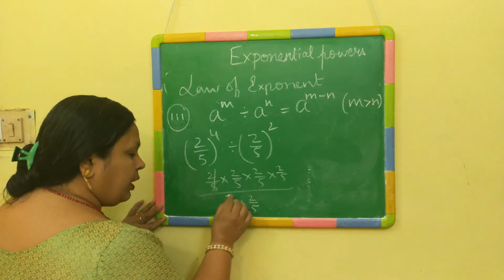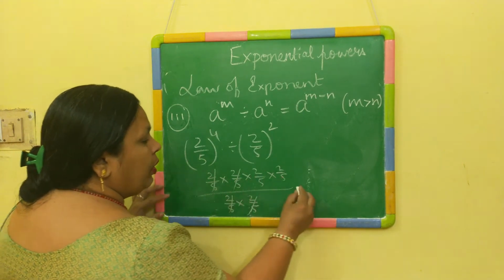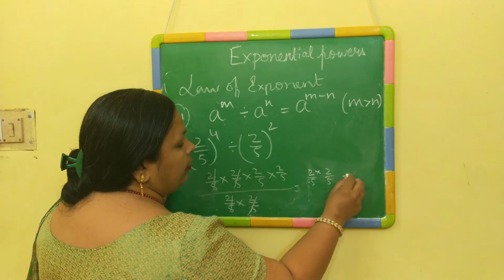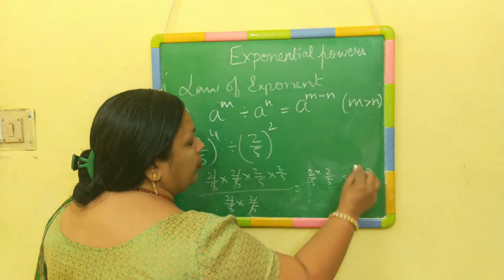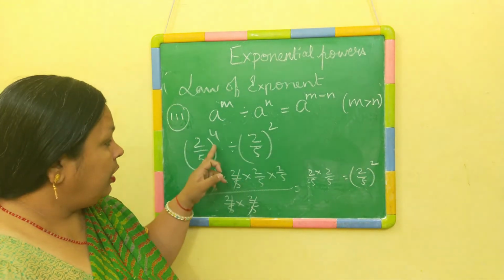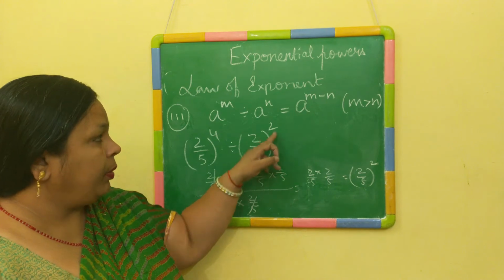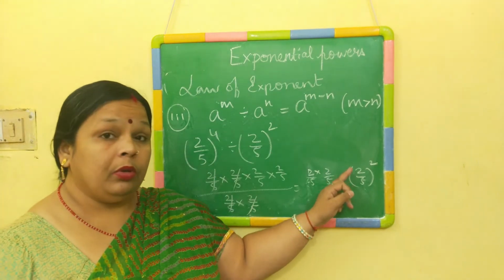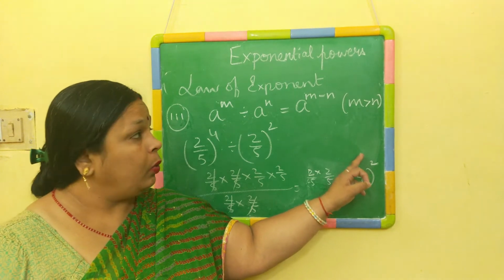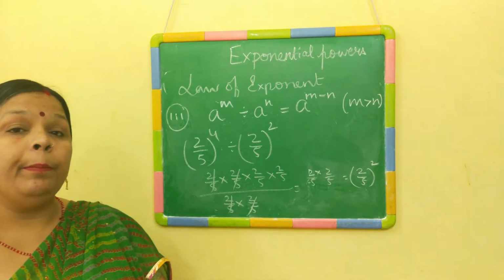So this pair cancels, this pair cancels. You are left with 2 by 5 and 2 by 5, which is nothing but 2 by 5 power 2. So here a power m divided by a power n is equal to a power m minus n.